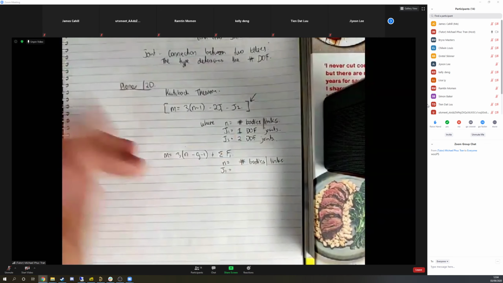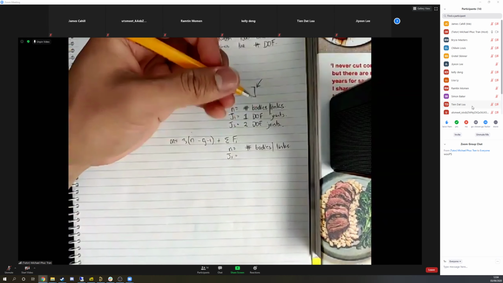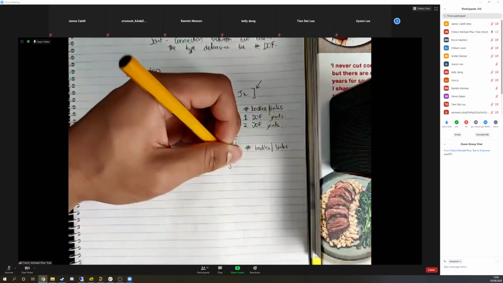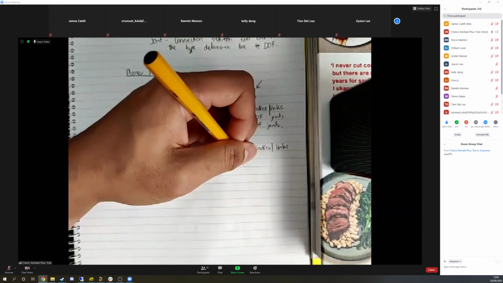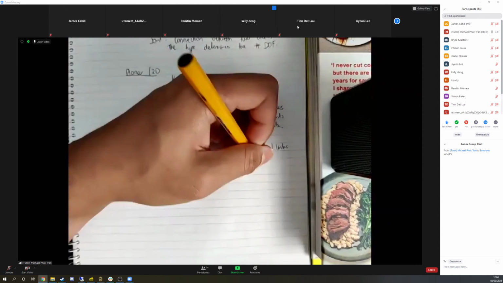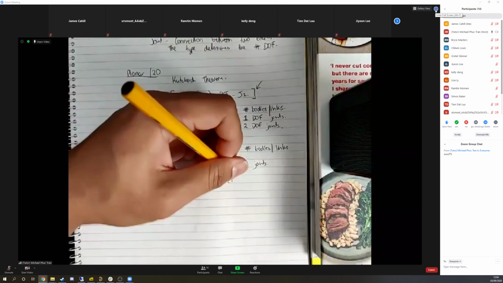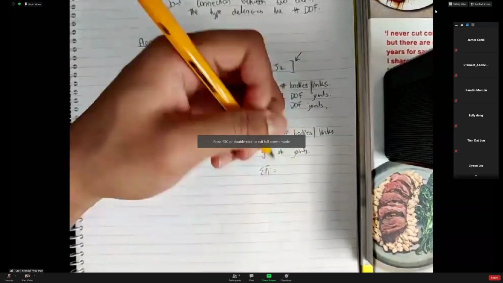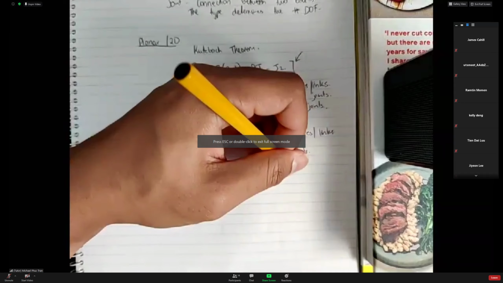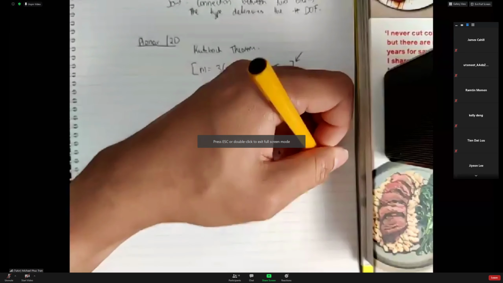Oh, not J, G is your number of joints, and the sum of f_i is the sum of degrees of freedom.